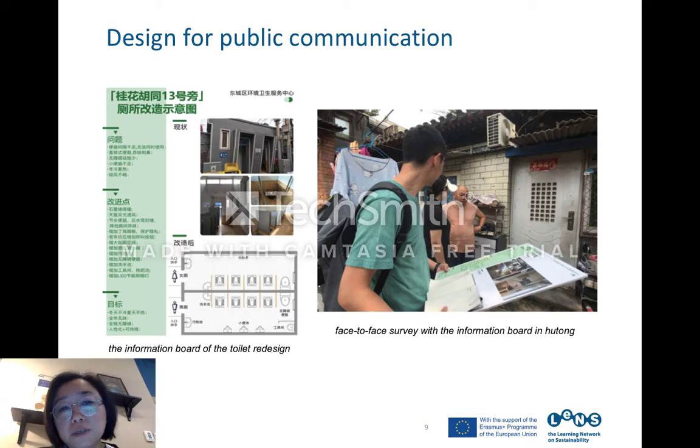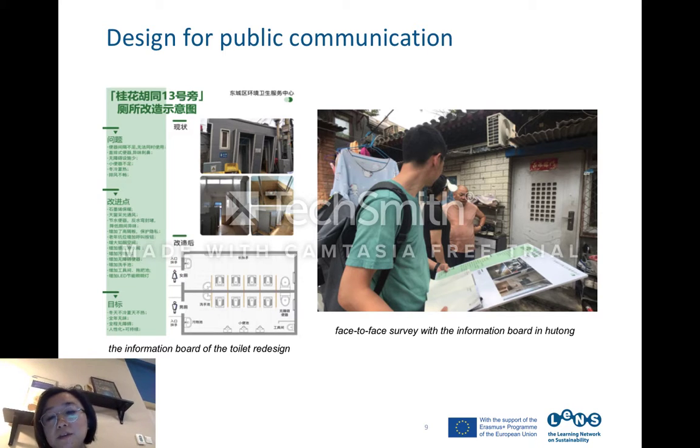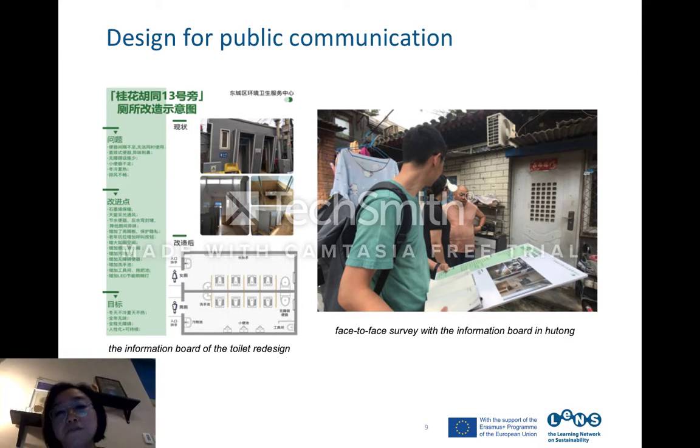We defined the public communication in different stages: before the design, during the design, and after the construction of the toilets. Before the design process, we organized meeting groups and face-to-face interviews with the local residents to understand their real needs. For example, whether they prefer to sit or squat in the public toilets, and whether it's necessary to provide a wash basin in a very small toilet.